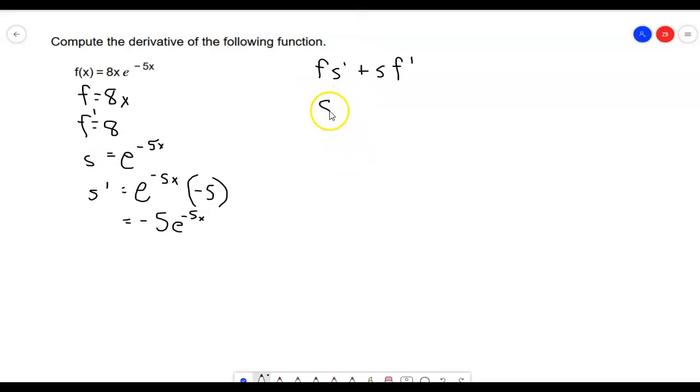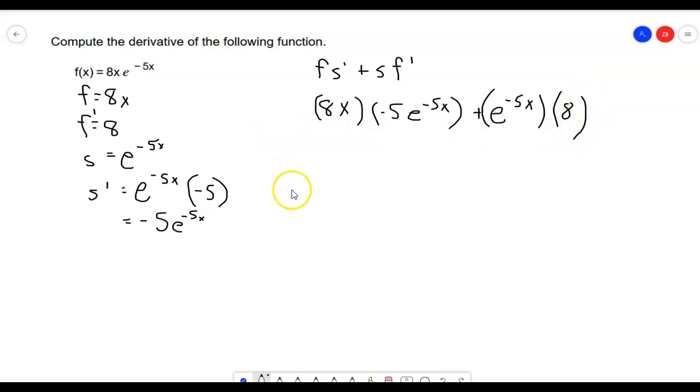So this is 8x times the derivative of the second, so times negative 5 e to the negative 5x, plus the second function, e to the negative 5x, times the derivative of the first, which is just going to be 8.